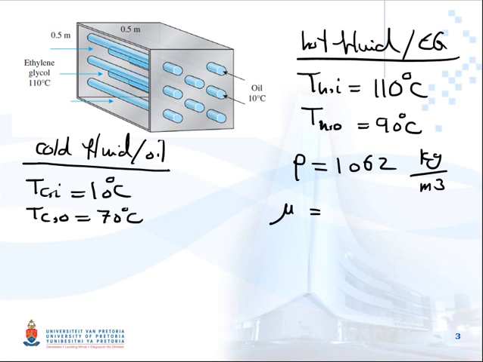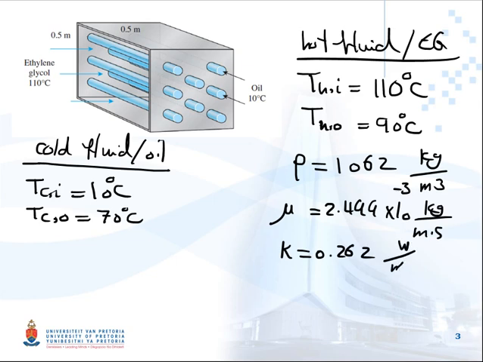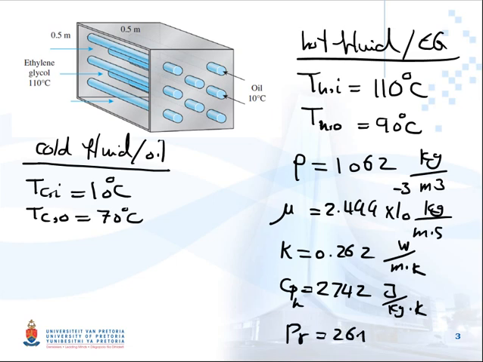Mu is equal to 2.499 times 10 to the power of minus 3. I'm just writing it from the question itself, so we didn't do anything. We are just writing down the information that we have from the question. 0.262. We also have Cp here, 2742 joule per kilogram Kelvin, and Prandtl is equal to 26.12.